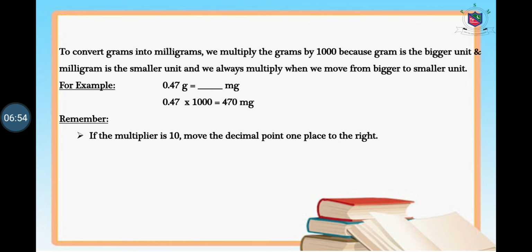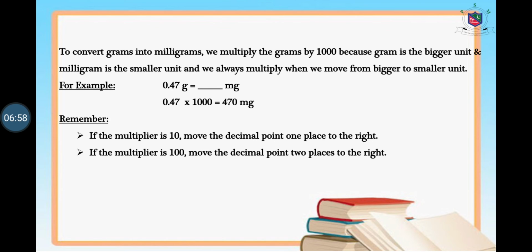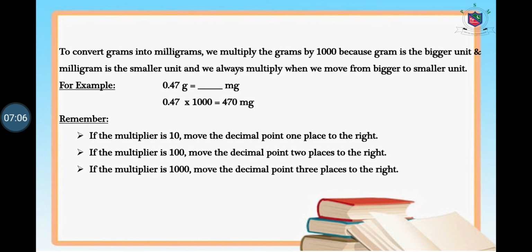If the multiplier is 10, then move the decimal point 1 place to the right. If the multiplier is 100, then move the decimal point 2 places to the right. And like here, the multiplier is 1000. So we have to move the decimal point 3 places to the right and we get the answer as 470 milligrams. I hope dear students now you will remember and you can practice for the questions.